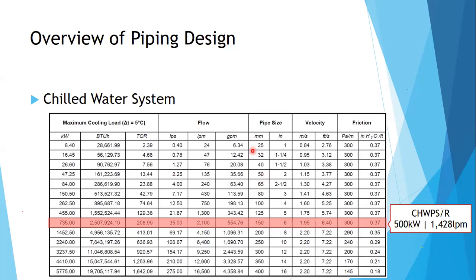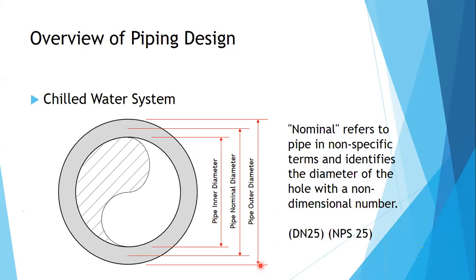Again, take note that whenever we say pipe size, we will always be referring to nominal pipe size. What is nominal pipe size? Nominal pipe size refers to pipe non-specific terms and identifies the diameter of the hole with a non-dimensional number.